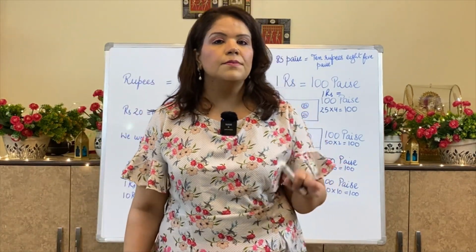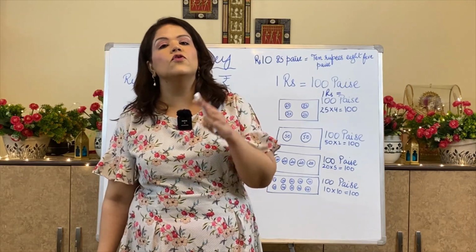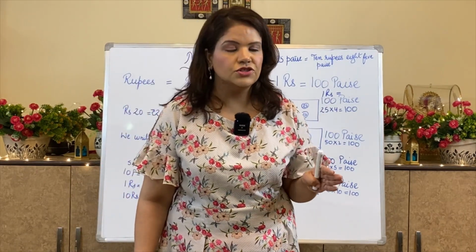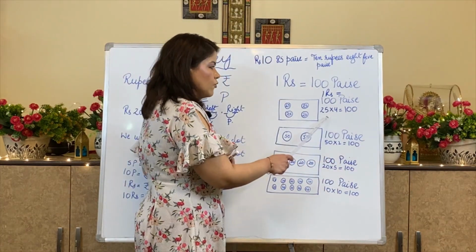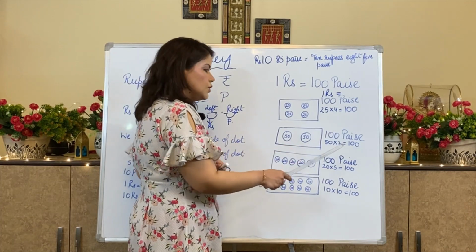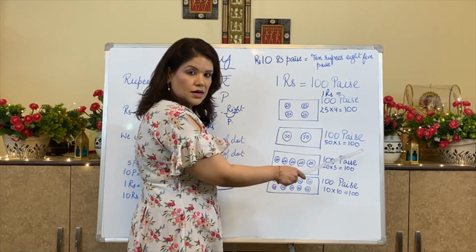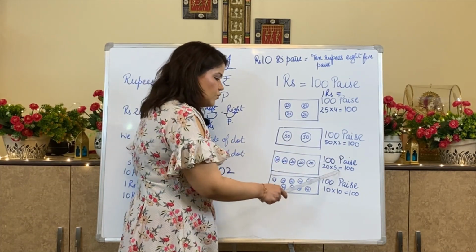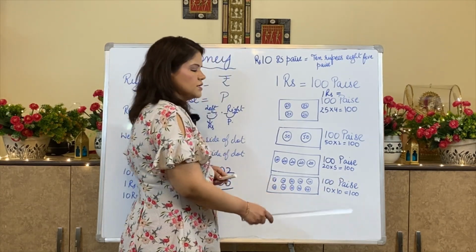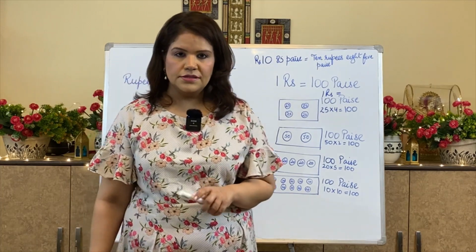That means 100 paisas has to be divided into 4 equal parts of value 25 each. So 4 25 paisa coins will make 100 paisas, 2 50 paisa coins will make 100 paisa, 5 20 paisa coins will make 100 paisa, and 10 10 paisa coins will make 100 paisa.